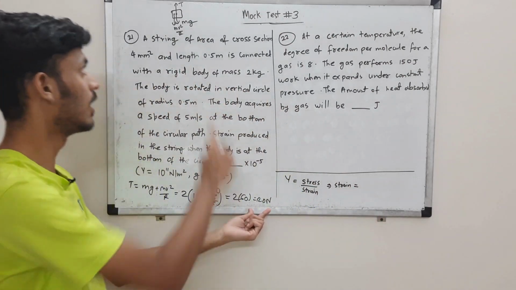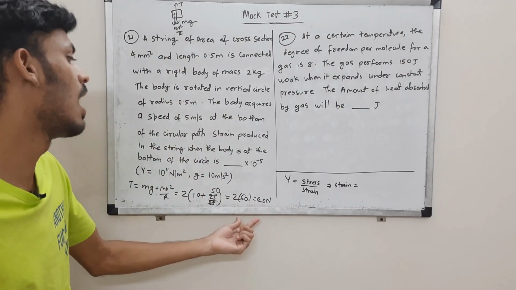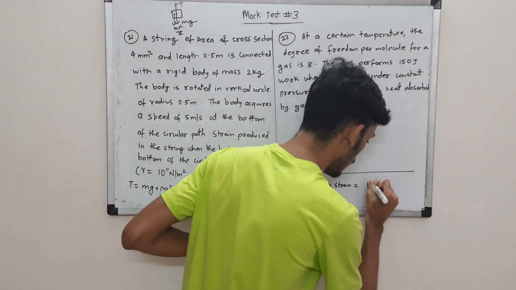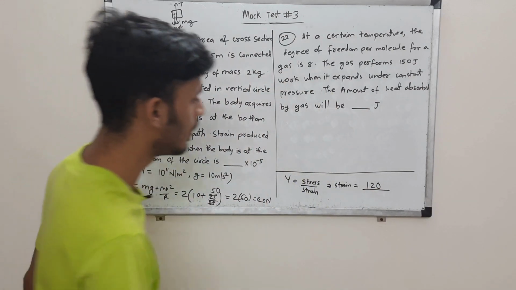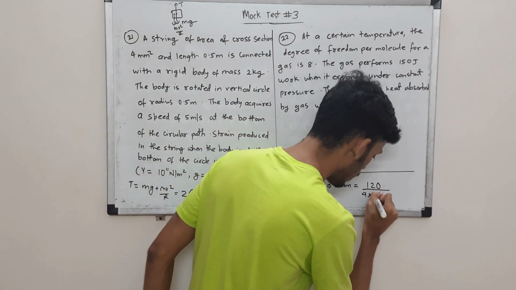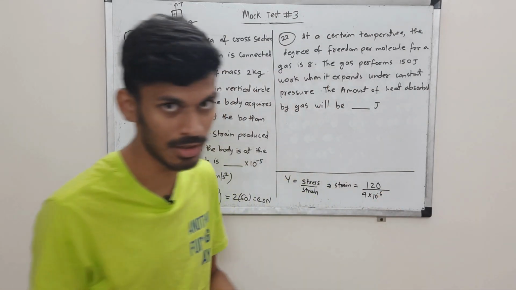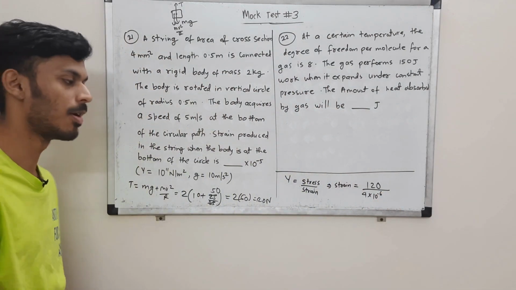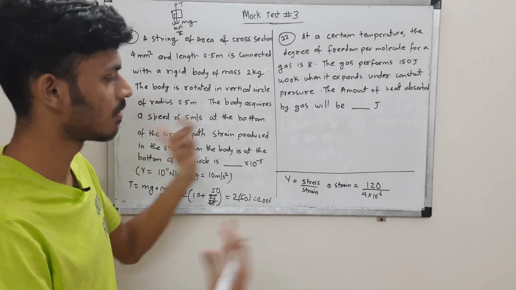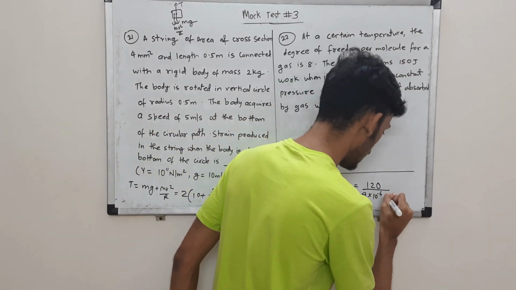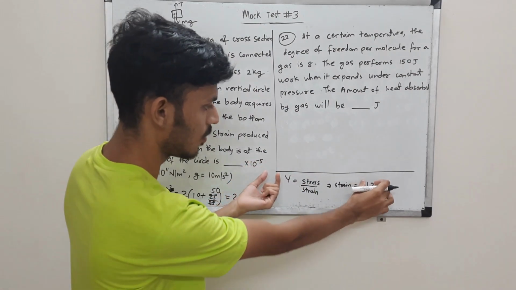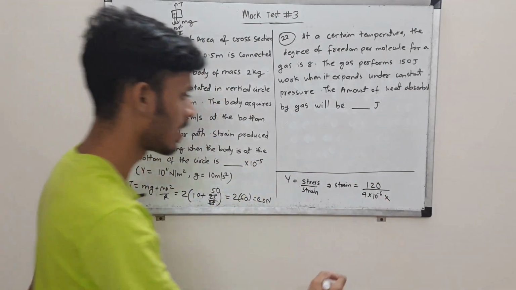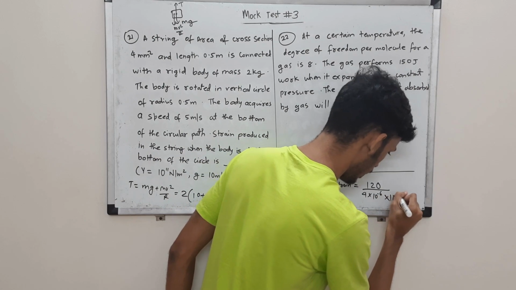The force produced in the string, the tension, is 120, and per unit area, the area is 4 millimeter square, which is 4 into 10 to the power minus 6 in meters. 1 millimeter is 10 to the power minus 3, so that squared is 10 to the power minus 6. Strain is stress by Young's modulus, and Young's modulus is 10 to the power 11.